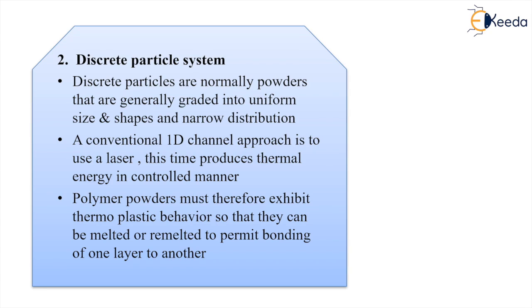The polymer powders must therefore exhibit thermoplastic behavior. Why? So that they can be melted or remelted to permit bonding between the layers of the powders. One layer should get bonded with another layer.